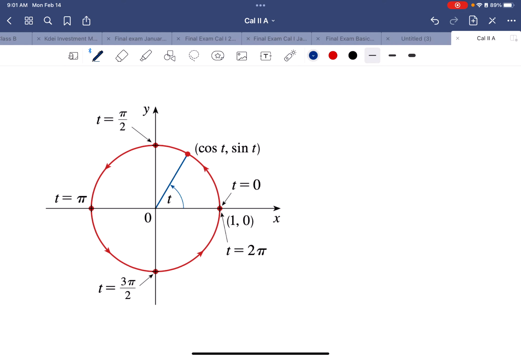Okay, so this will be another way to look at it. If you have the parametric in terms of 0, pi over 2, pi, 3 over 2 pi, 2 pi. Oh, I even wrote the equations.